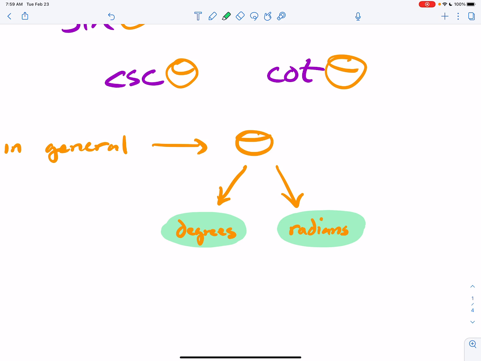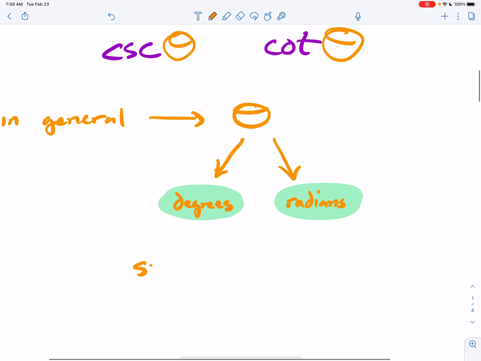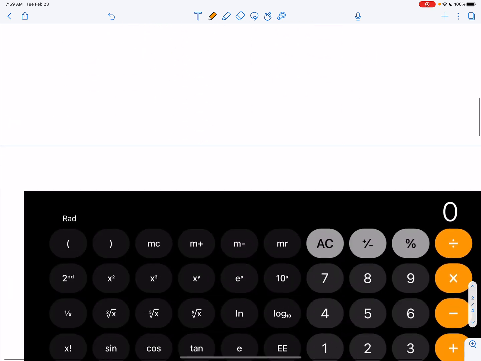For instance, degrees looks a little bit like that symbol right there, and it measures how wide that angle is. So with a radian, first, what is a radian?